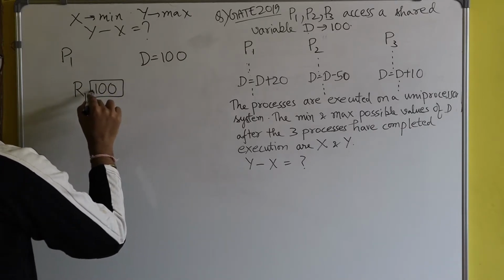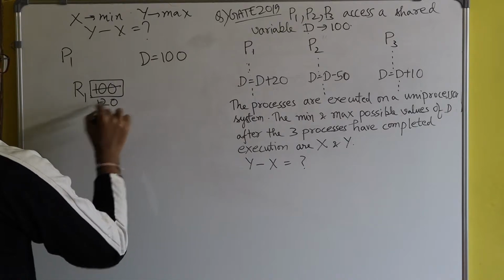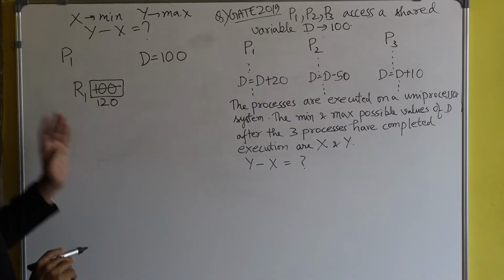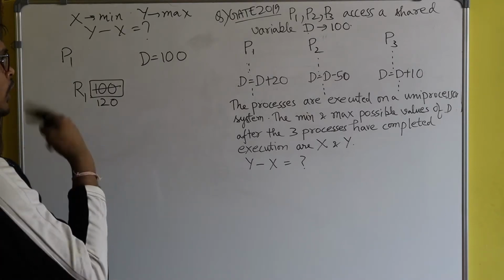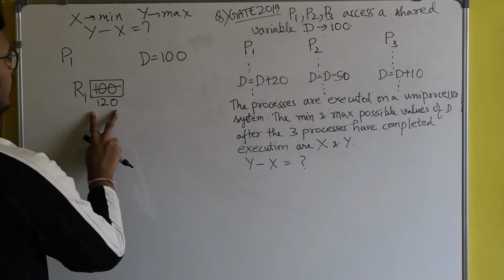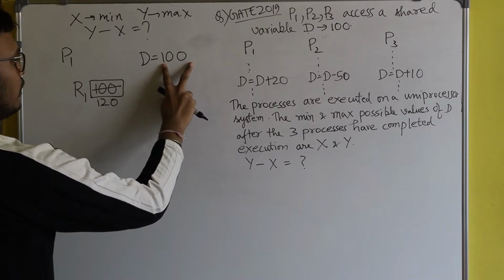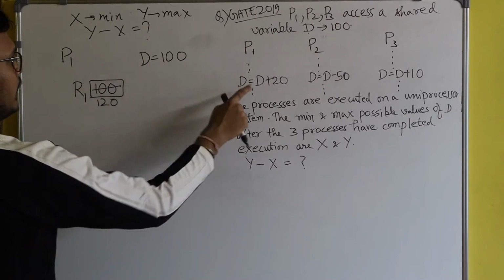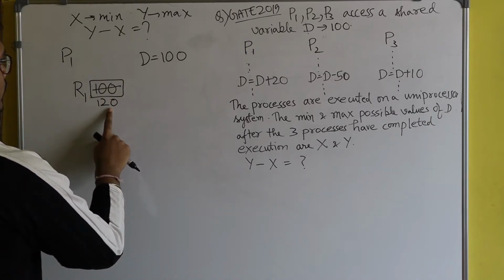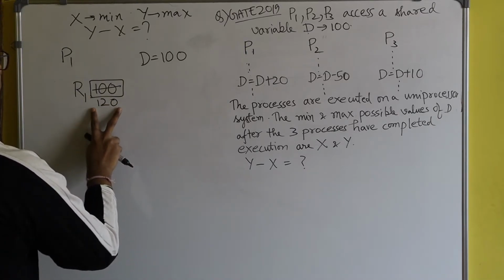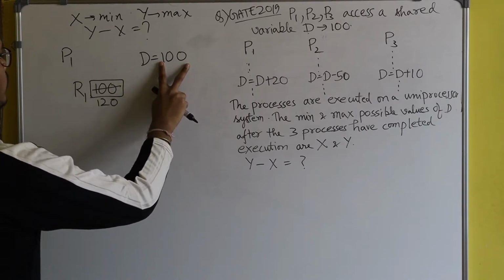This 120 will be stored back to D, because D is equal to D plus 20. But 120 has not yet been stored back to D.